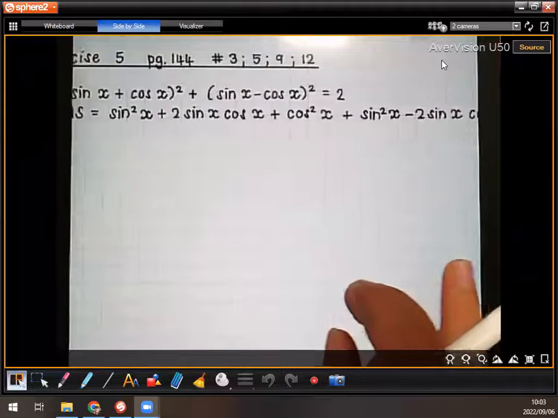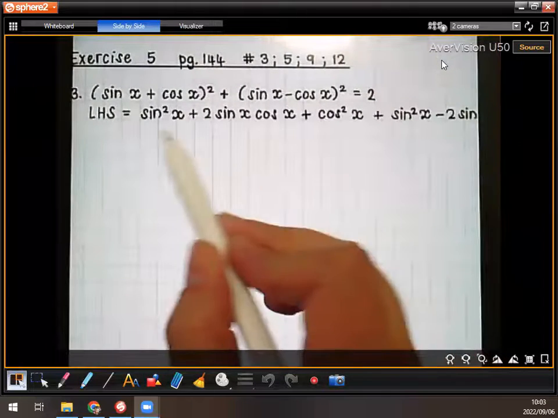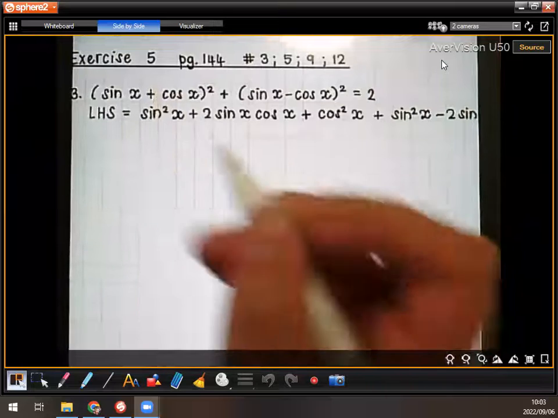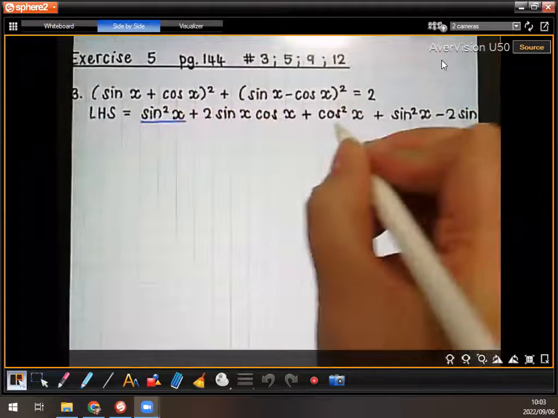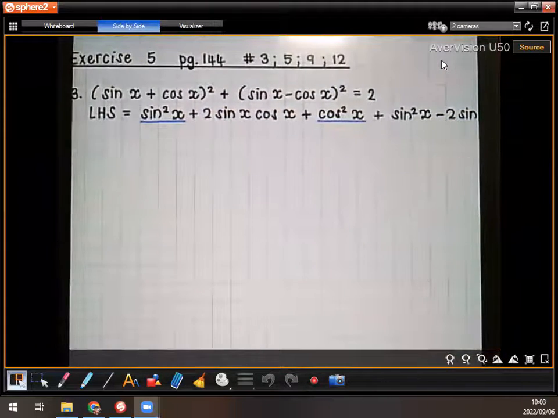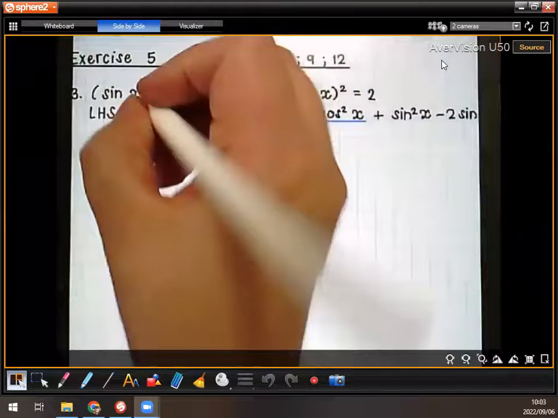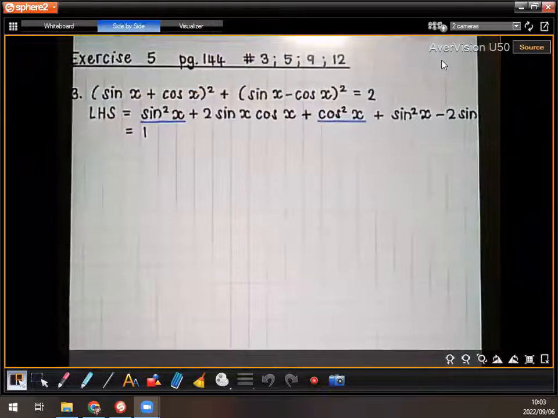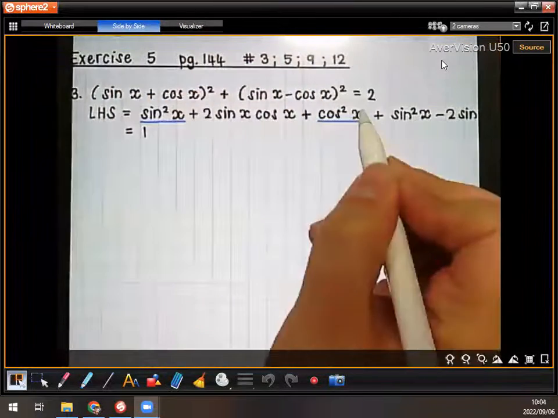So then guys, we said yesterday from the first, these 3 terms here are from the first bracket, right? We have a sin squared x plus cos squared x, which we know is equal to 1. Right, do we remember that? Yes, sin squared plus cos squared is 1.